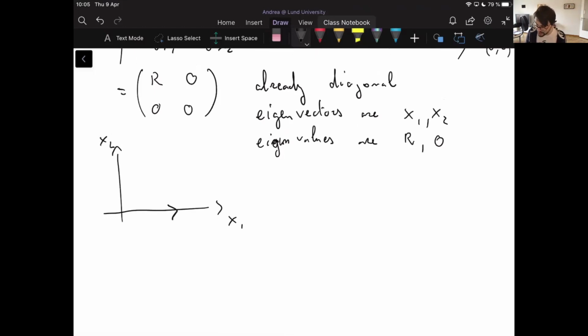Over x2, the eigenvalue is 0, so exactly as for one-dimensional maps, it means that it's super stable. So it goes very quickly to 0. 0, 0 is a fixed point. Then you have another fixed point on the other side. And I leave you as an exercise to find out that the eigenvalues in this case are complex. And what this generates is dynamics that are repelling.